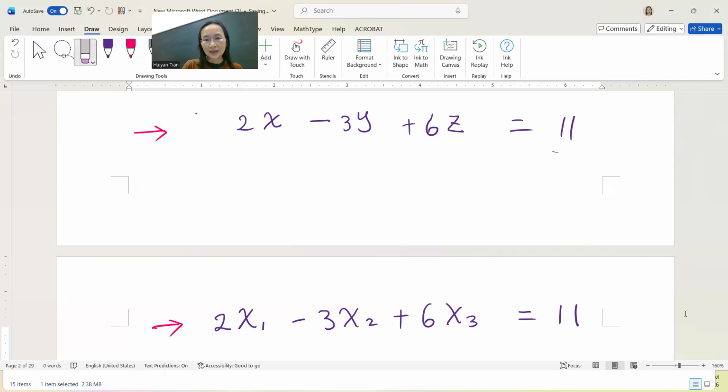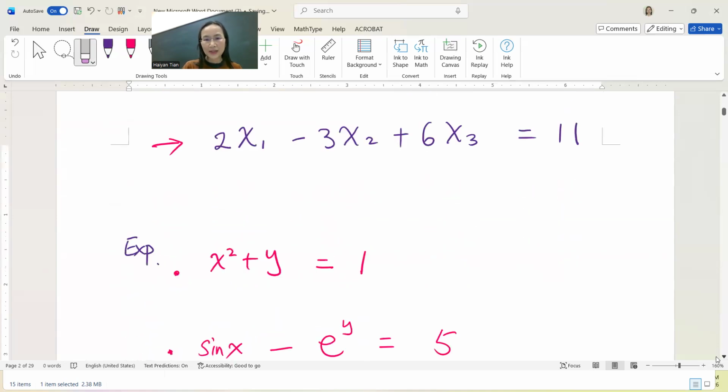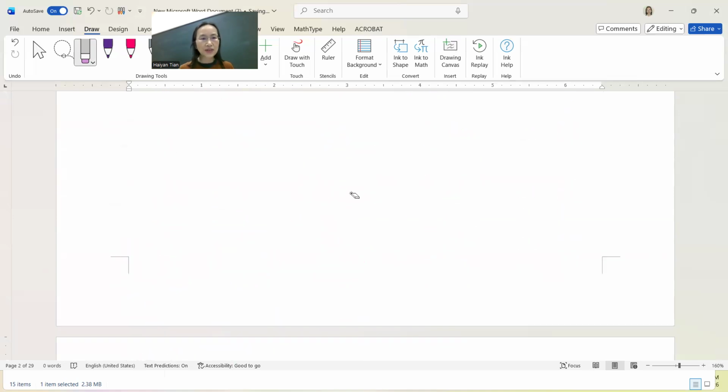Okay, so let's give a precise form. Suppose I want to define a linear equation of n variables.